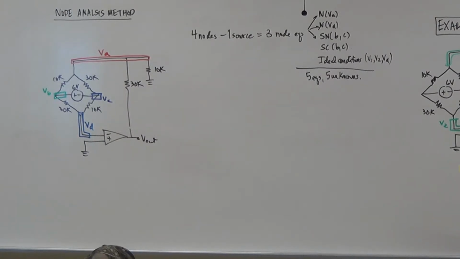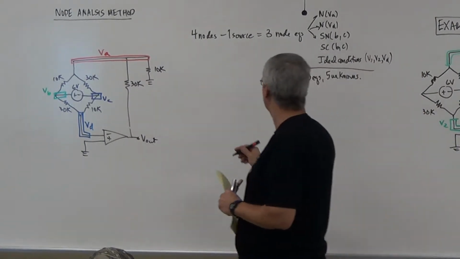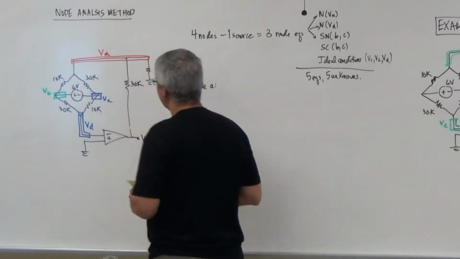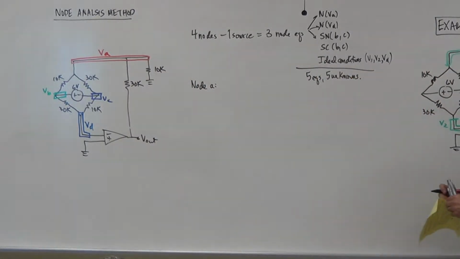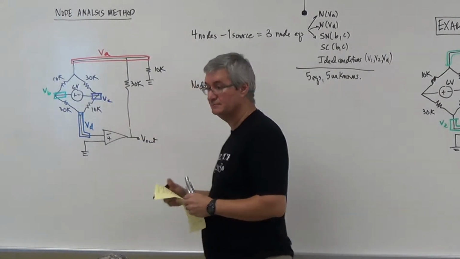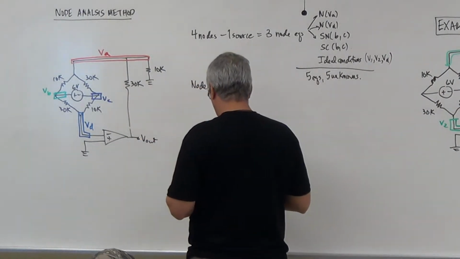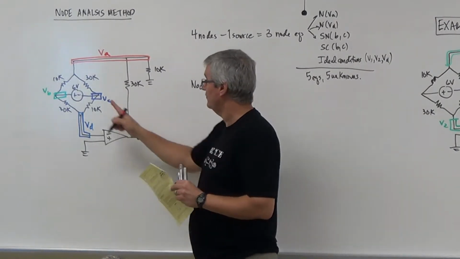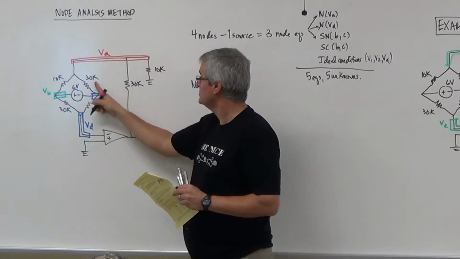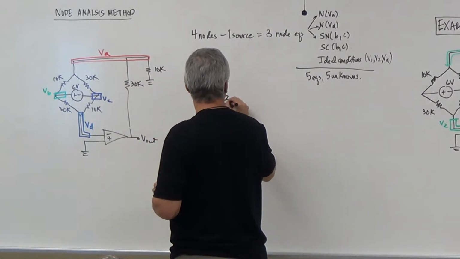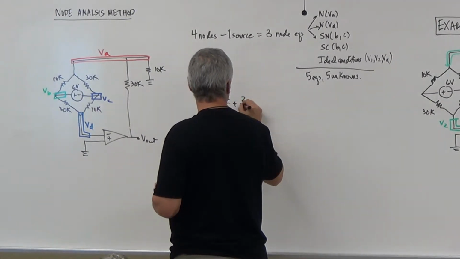So the first one that I'm going to look at is node A. Okay, so if I look at node A, I have 1, 2, 3. So if I write that, look at that, I have 2 10s, 2 30s connected to node A. So I'm going to write, just to simplify this, I'm going to write it like this.